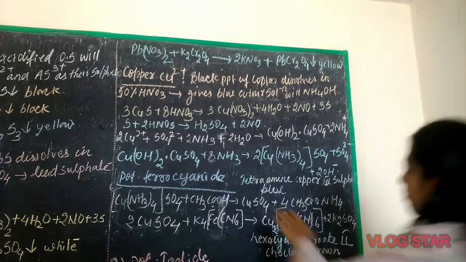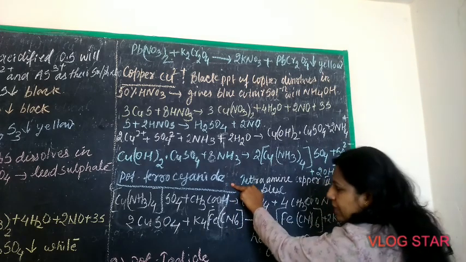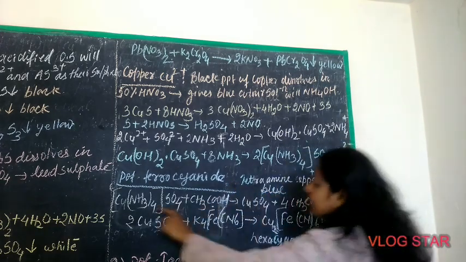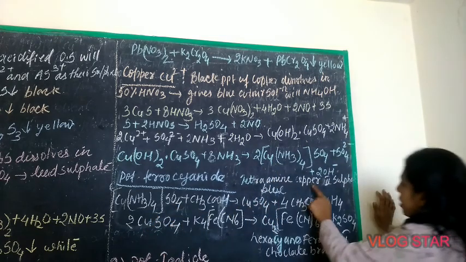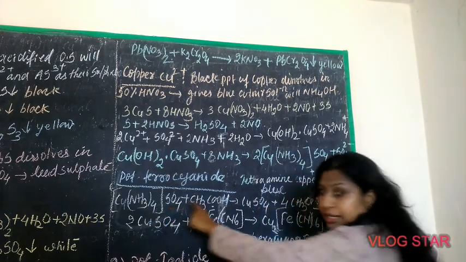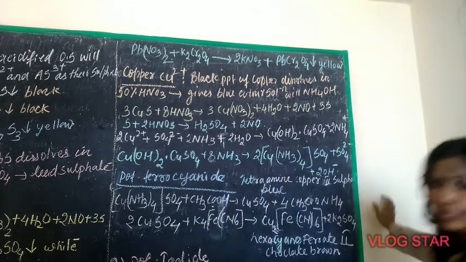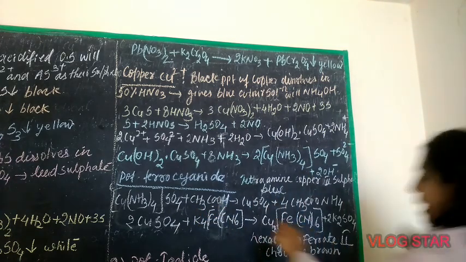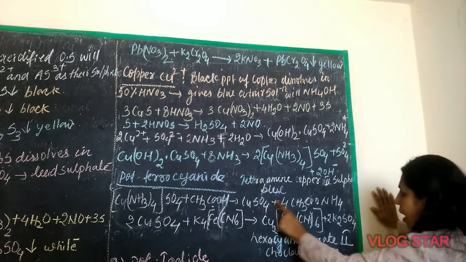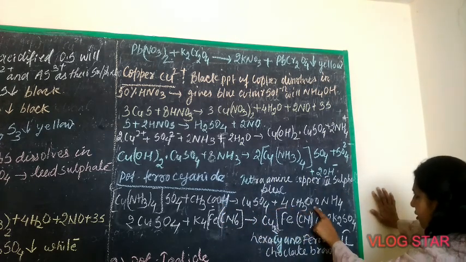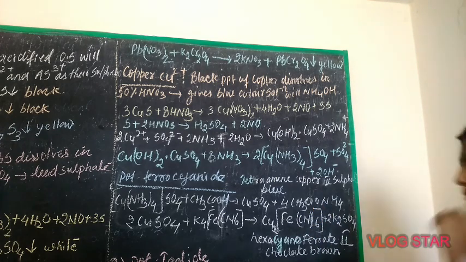Now we have the confirmatory potassium ferrocyanide test. This [Cu(NH3)4]SO4, tetraamine copper 2 sulfate, when reacts with acetic acid, that is CH3COOH, it gives CuSO4 + 4CH3COONH4.